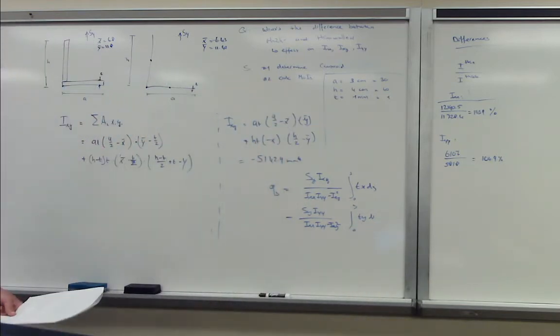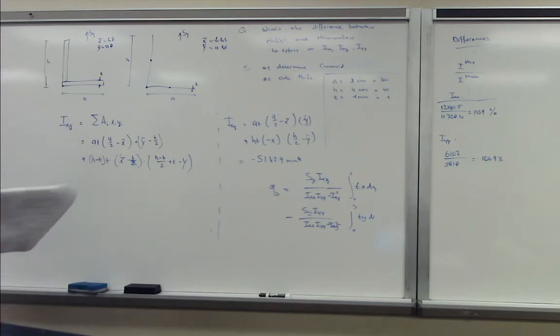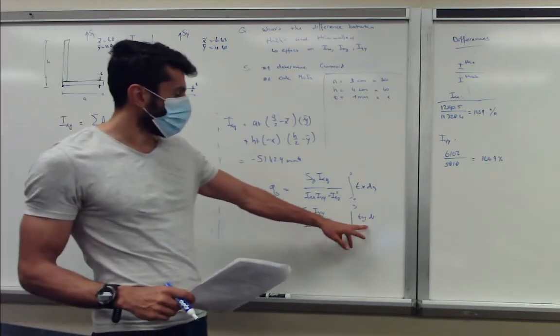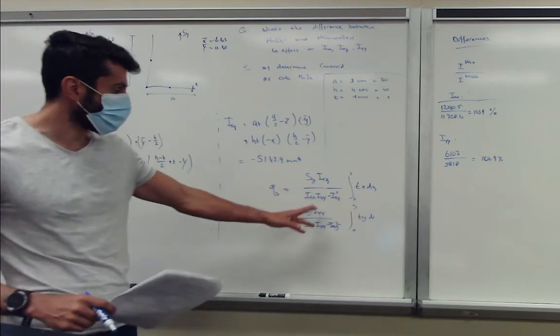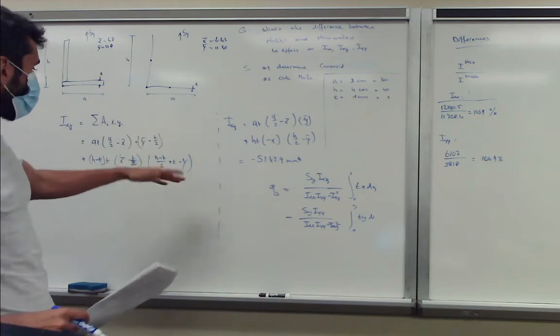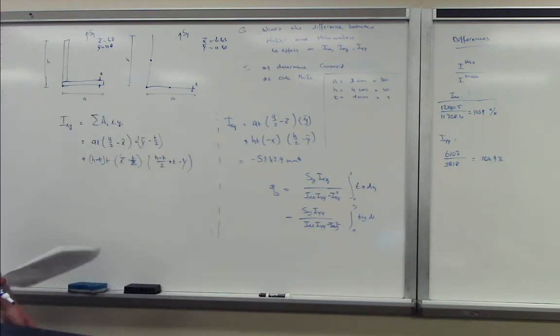And the only thing that differs is it will be a bit easier to calculate the y and the x and your moment of inertia. You just don't have to deal with the thickness part of it. But regardless, both of them give you the valid solution.